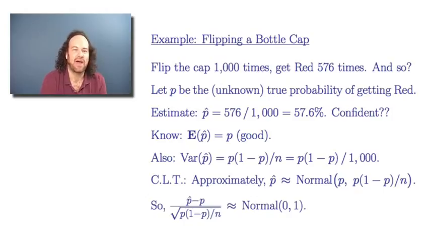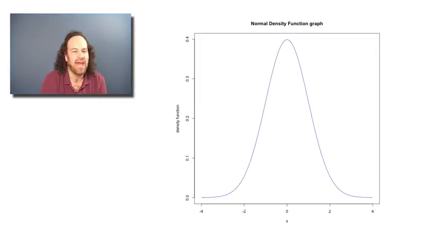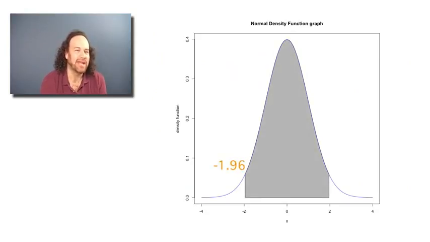Now we can do a little bit of manipulation. If we subtract off the mean and divide by the square root of the variance, then we get a quantity which has approximately the standard normal distribution. The standard normal distribution is something we know all about. We can graph it, and we can get the probabilities for it too. For example, for the standard normal distribution, the area under the curve between minus 1.96 and plus 1.96 is equal to 95% of all the area.